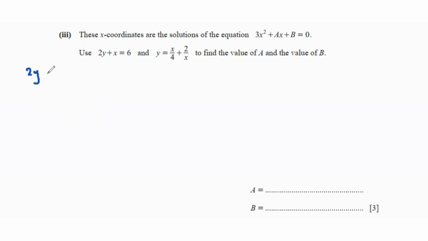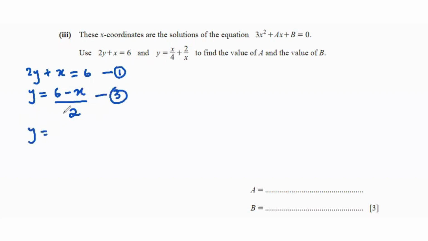So 2y plus x equals 6 gives y equals 6 minus x over 2. I'm going to substitute this into the second equation. So let's call this the first equation, this the third equation, and this your second equation.